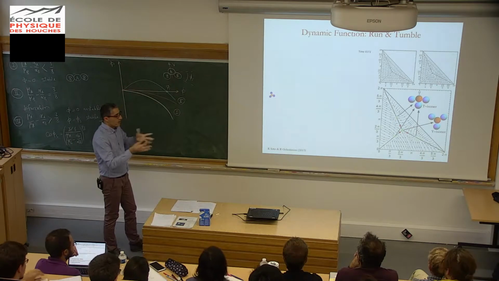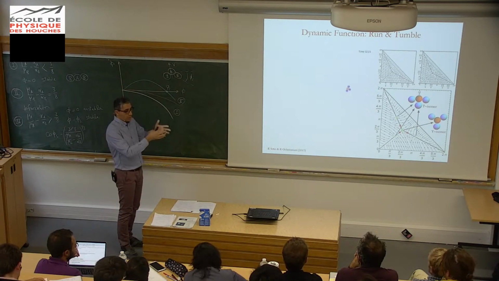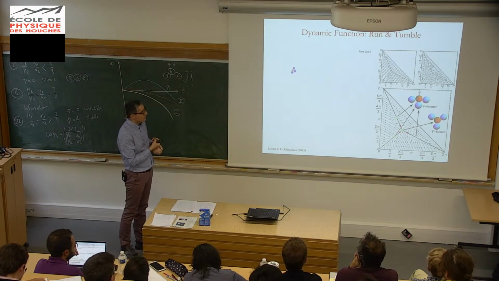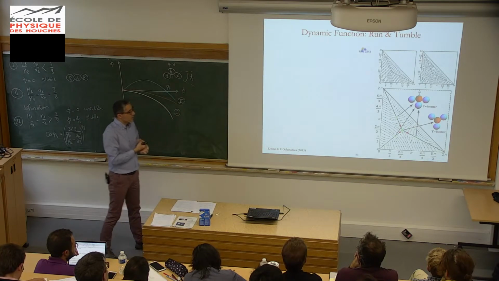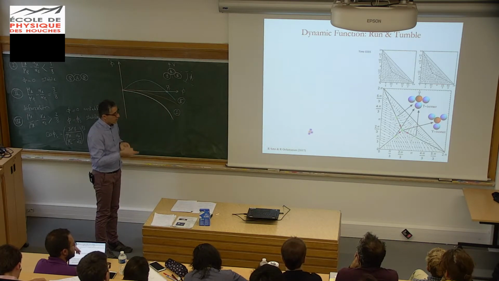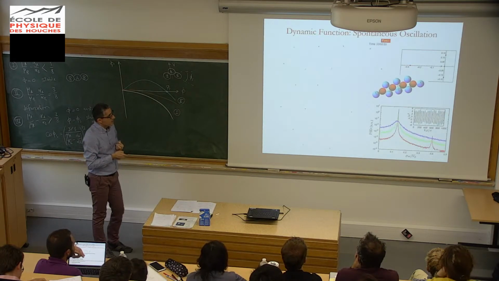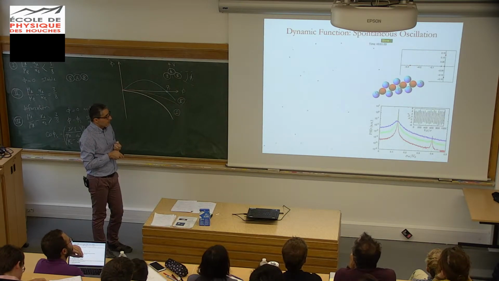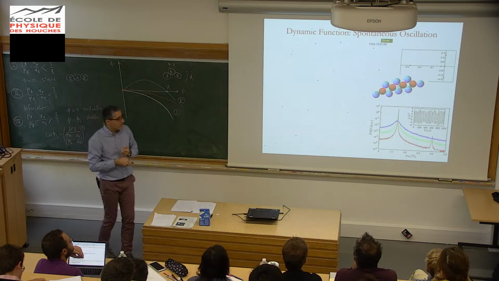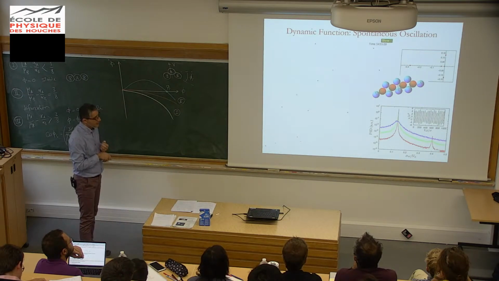But these colloids can have any configuration. They choose to have these discrete states and switch between them. So I think it's a little bit more non-trivial why we can see run and tumble behavior for the AB3 molecules. We can also see spontaneous oscillation when we are a little bit more patient with slightly larger molecules.